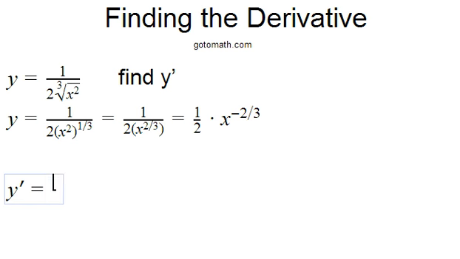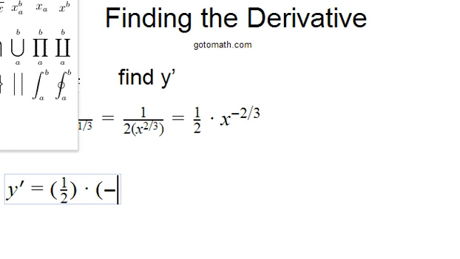So we have the half, and I'll write the first one in parentheses, and then do this dot thing, a half times the negative 2/3 that we brought out front. It doesn't matter at all how you want to do that.